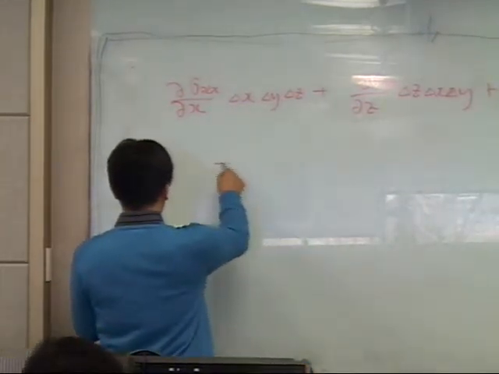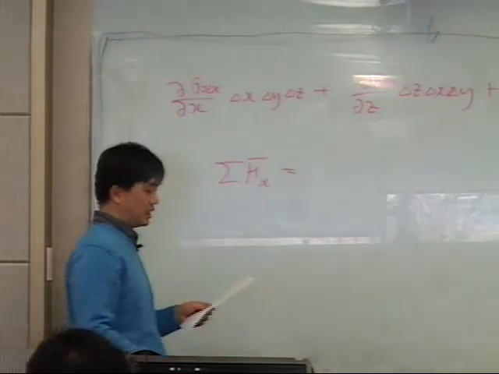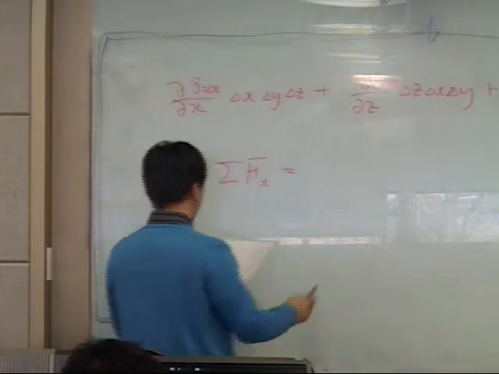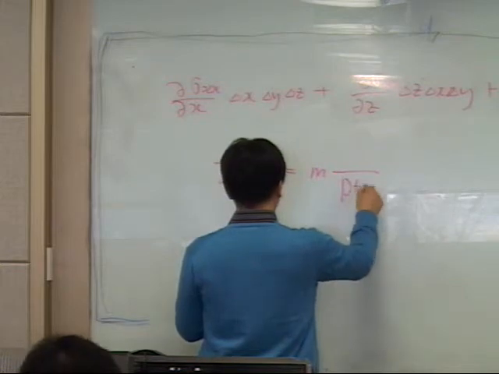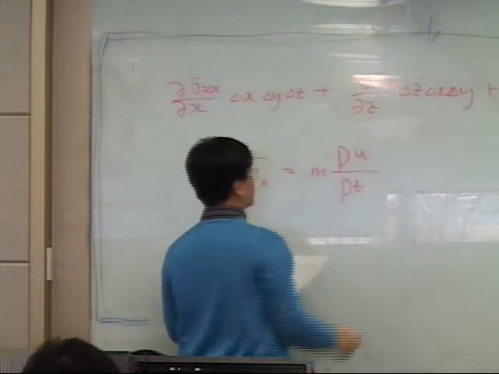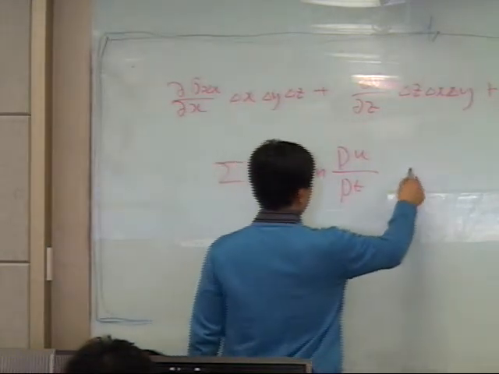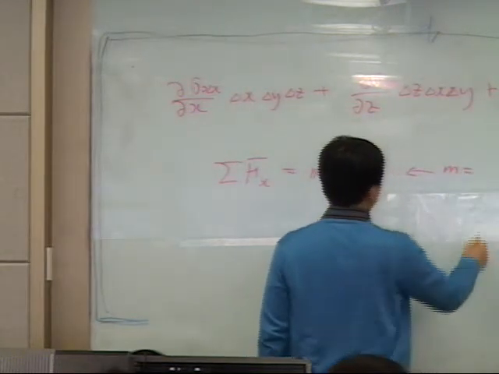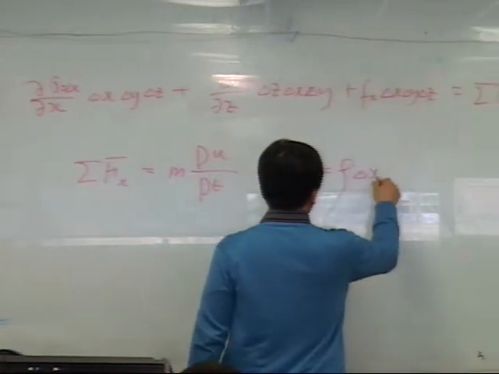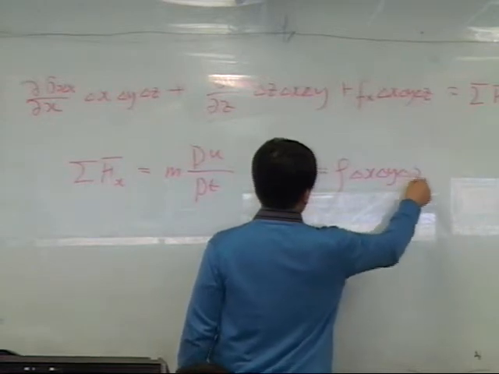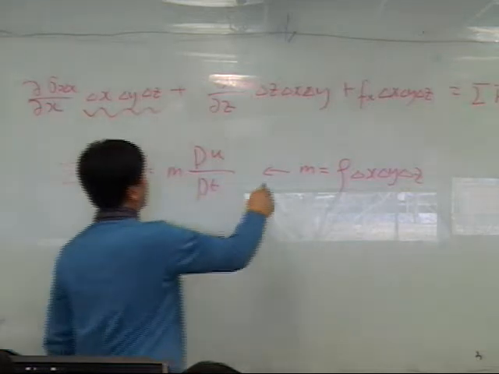The sum of all the force in the x direction should be equal to m times du/dt. This is acceleration, right? Here we know m is mass, which is rho multiplied by the volume, right? Then we can remove all the volume.